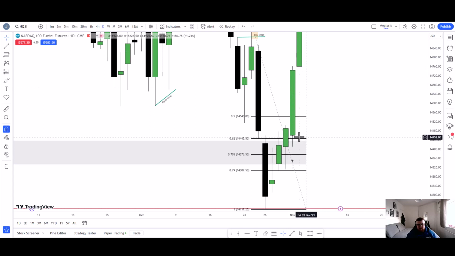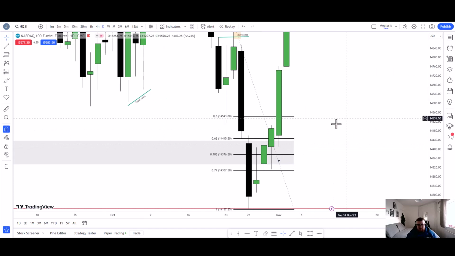So opened here, formed our high, got our low, close. And as price retraced into that weekly volume imbalance, that would have actually been an entry point from a higher time frame perspective right there. So as the market was printing into that level there, it simply goes straight up after.